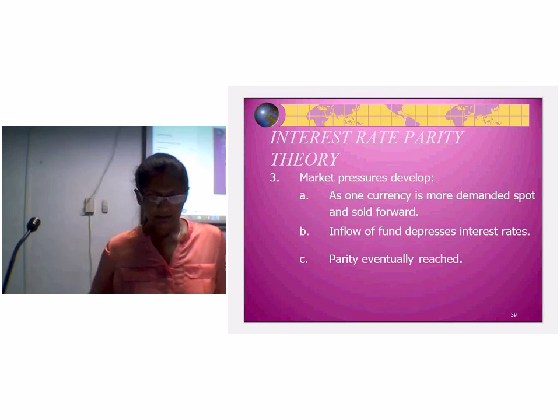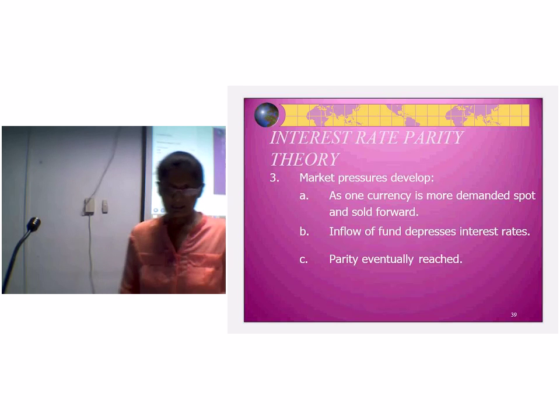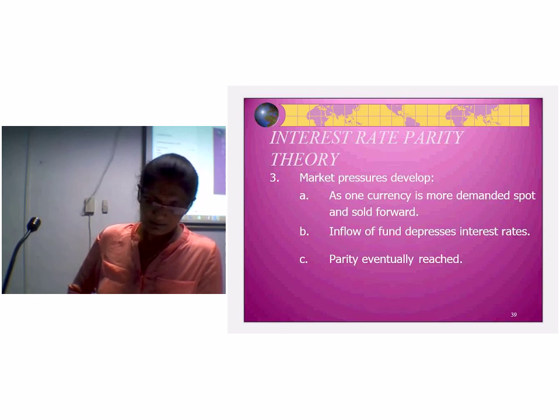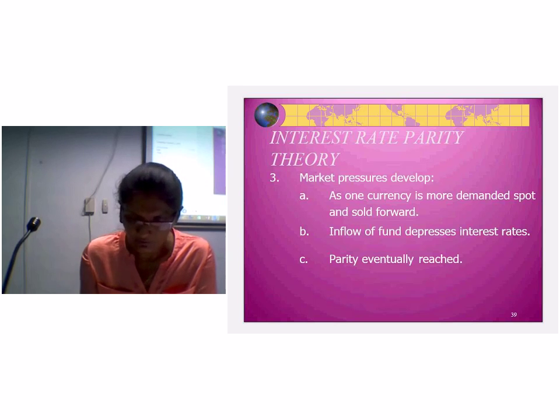Market pressure develops as one country's currency is more demanded spot and sold forward. Inflows of funds depress interest rates. Parity is eventually reached, right? So in the interest rate parity theory, we can see that there is a difference between the spot rate and the forward rate, right?